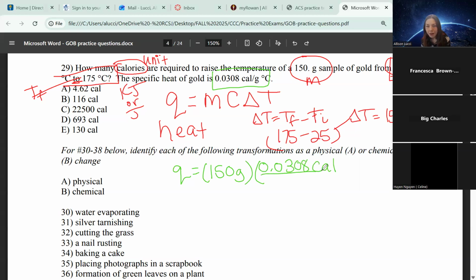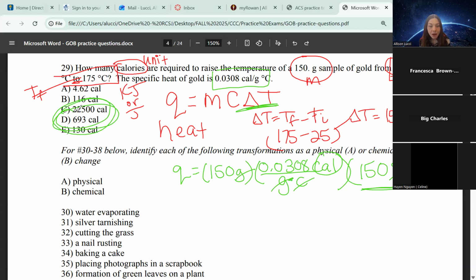But now I have calories and my denominator is still going to be grams per degree Celsius. So once we plug in our delta T on the end here, this 150, we can see that my C cancels, my G cancels. I'm left with a unit of calorie. So I have 150 times 150 times 0.3. And if we plug all this in, we should get 693 calories.